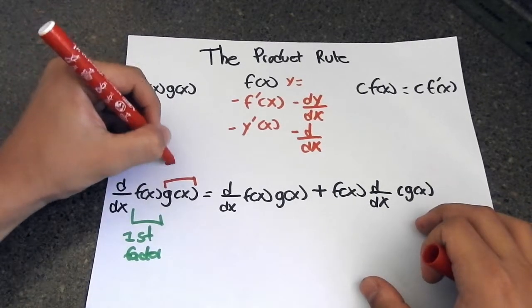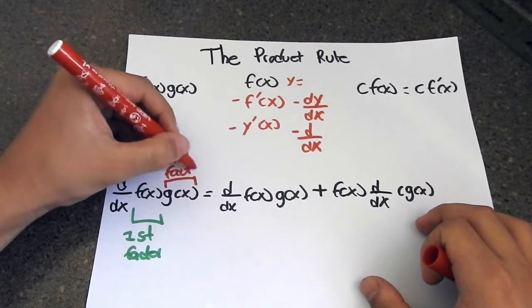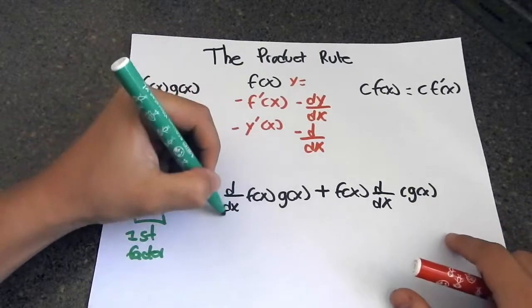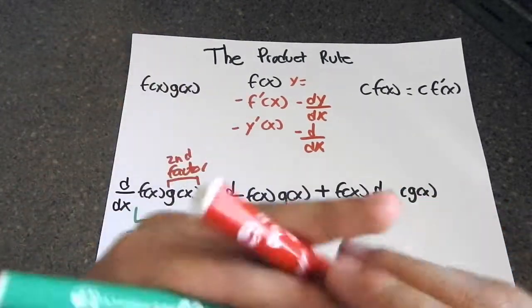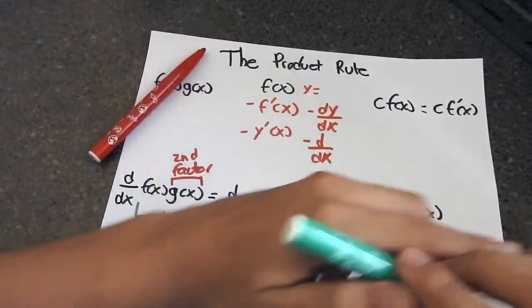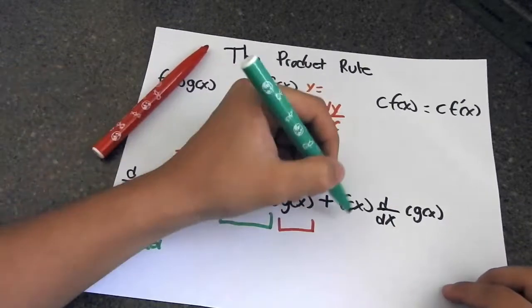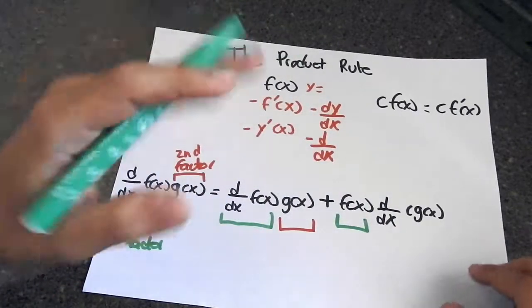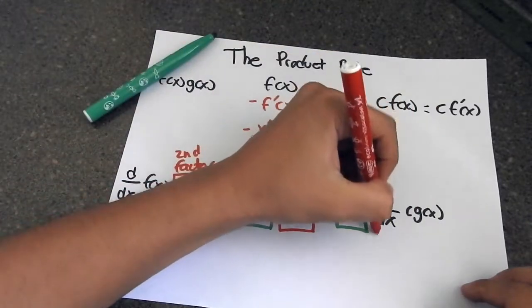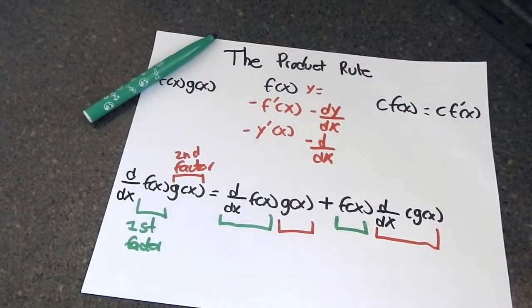So now we say that when we want to take the derivative of f of x times g of x, we're going to get the derivative of the first factor times the second factor, plus the first factor without derivative, just the first factor, times the derivative of the second factor.